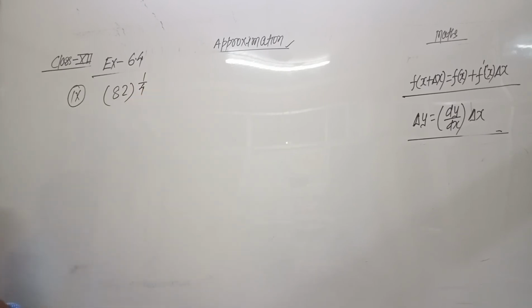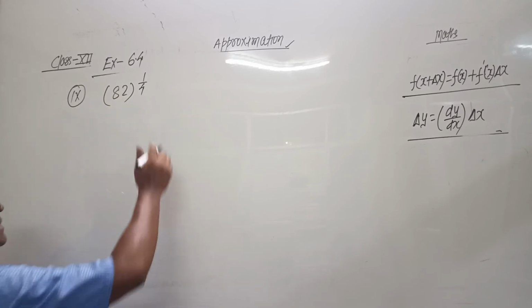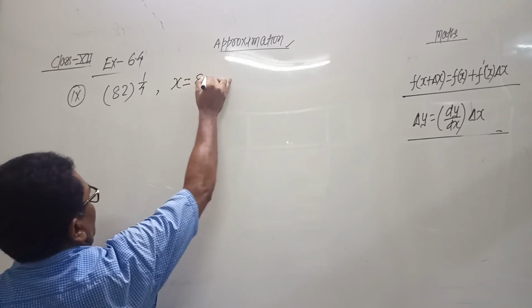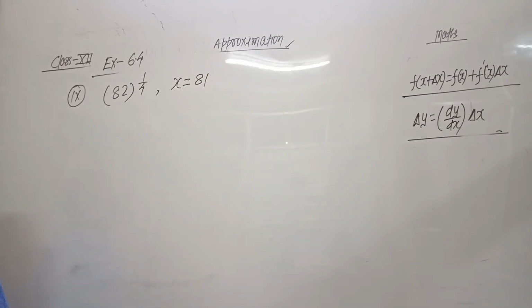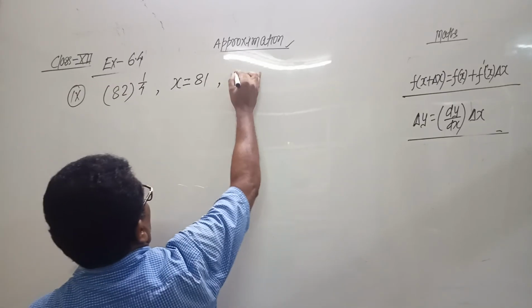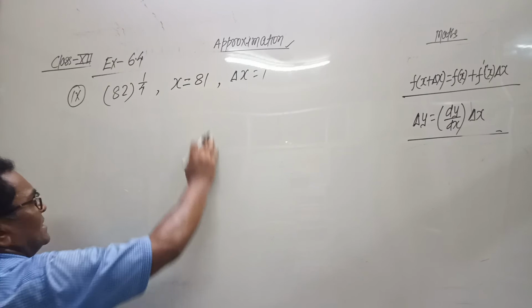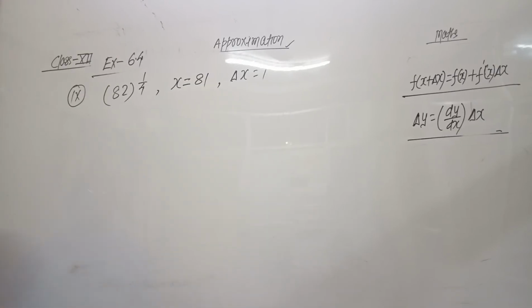So the value of x we have to suppose, the value of x near 82 whose fourth root is possible. So x would be 81. Its fourth root is possible. The value of x is 81 and the value of delta x will be 1. 82 minus 81, we get 1.